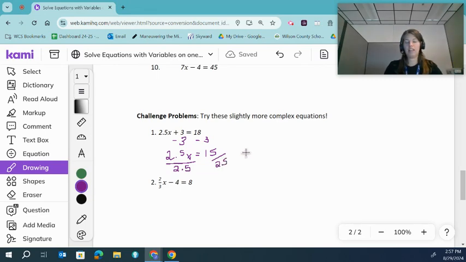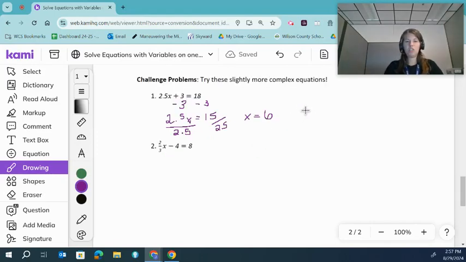Okay, that's going to leave me with x equals 6. And then we're going to substitute this back into our original equation. We get 2.5 times 6 plus 3 equals 18. Well, 2.5 times 6, that is 15, plus 3 equals 18. 18 equals 18. That is correct.